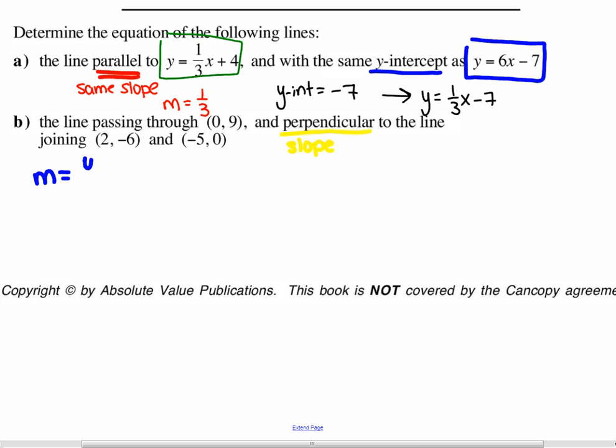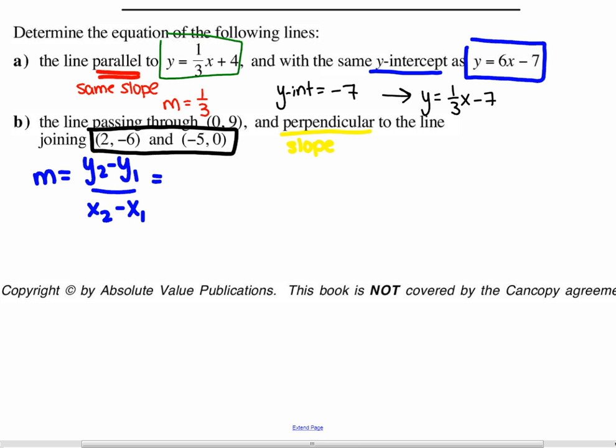So we need to start by finding the slope of these 2 points, because if we know the slope of these 2 points, we can get the slope that's perpendicular to it. So second y minus the first y. We're using which 2 points first of all? These 2, right? Because it's perpendicular to those 2 points.